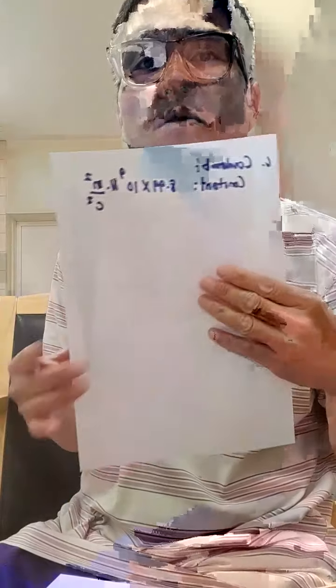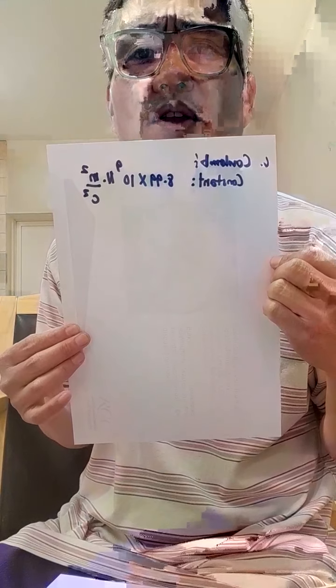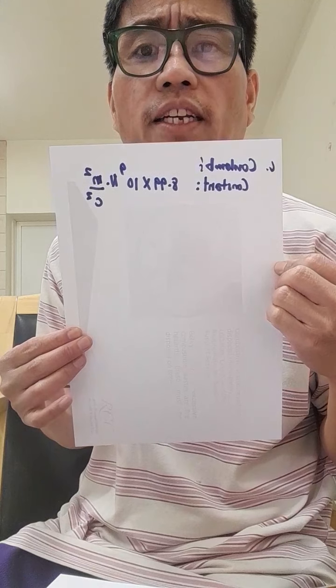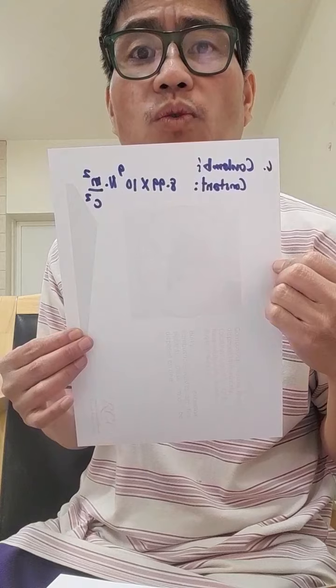Okay, this one, the Coulomb constant is 8.99 times 10 to the 9 Newton meter squared over coulomb squared. It is Coulomb's constant.